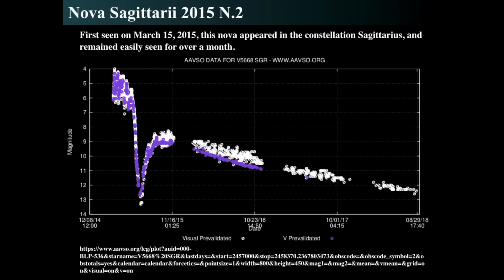Now, why exactly it has this shape is rather interesting. The strong dip is likely due to dust interactions that would have blocked the light, and then finally, once that got dissipated or blown away, we could see the underlying bright material under it as it brightened back up.